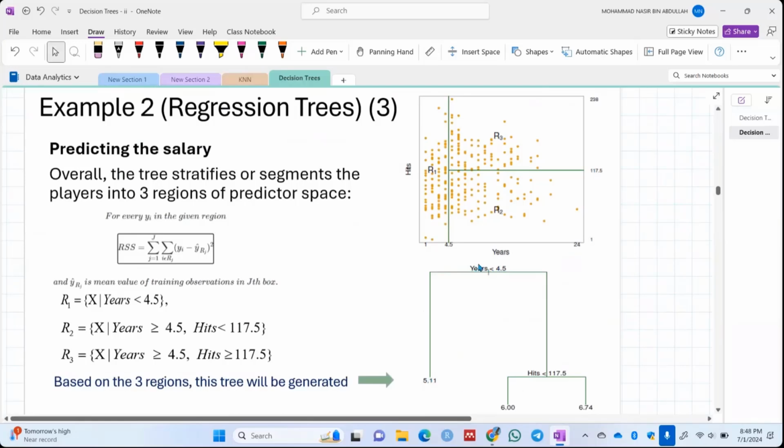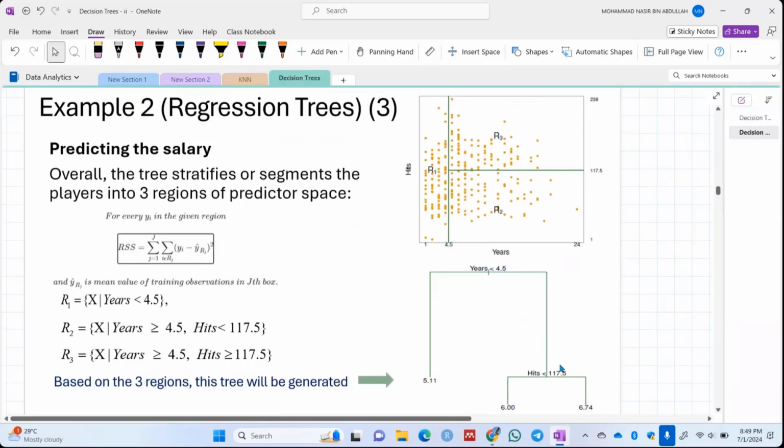If the years of experience is more than 4.5, we will look into the number of hits. If the number of hits is more than 117, the salary will be 6.74, multiplied by 1,000. And if less than 117, it should be 600.